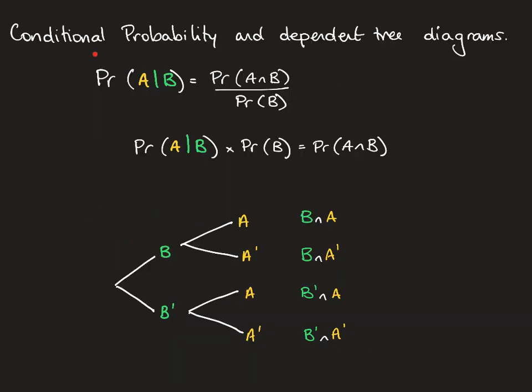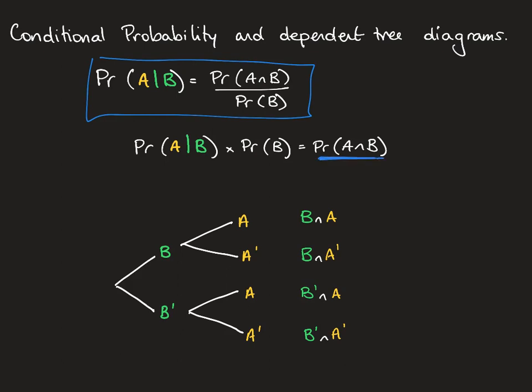Now you will have worked already with conditional probability on dependent tree diagrams, where the probability of your second choice is different depending on what happened in your first choice. And we can show that this is true if we start with our conditional probability formula and we rearrange it so that we get the probability of the intersection.